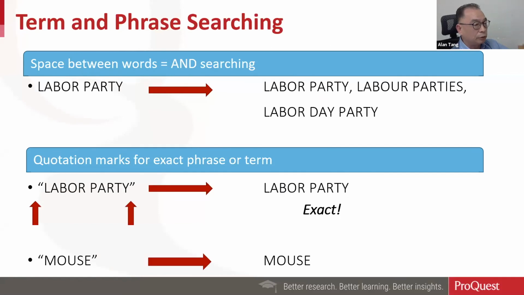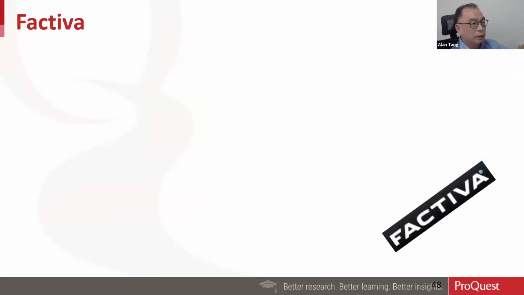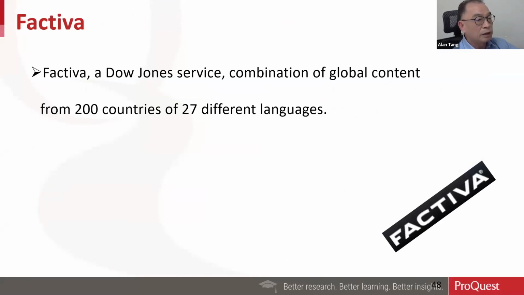Okay, I want to skip it. And then Factiva. Factiva is a Dow Jones service. It's not from ProQuest, but we are the sole agent for the academic world. It covers news from 200 countries in 37 different languages.